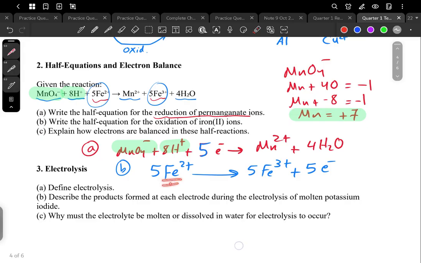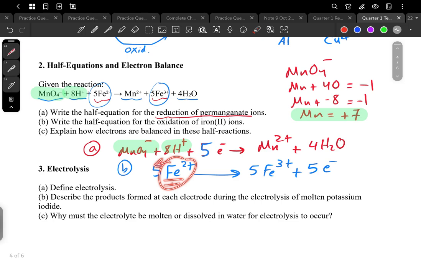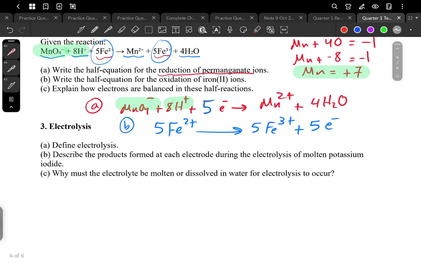So 1 electron lost here multiplied by 5, so the total is 5 electrons lost at the other side. This is the second half equation. Explain how electrons are balanced in these reactions. Yes, it is balanced, 5 and 5. How is it balanced? Because we have 5 electrons here and the same number of electrons here, so we are correct.